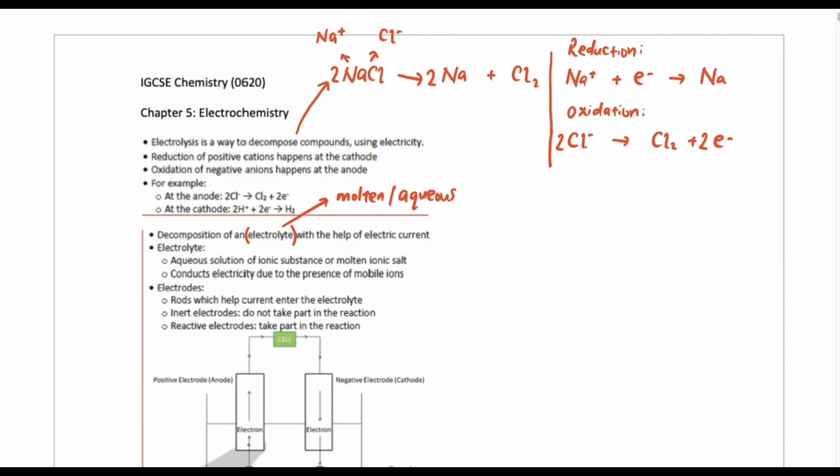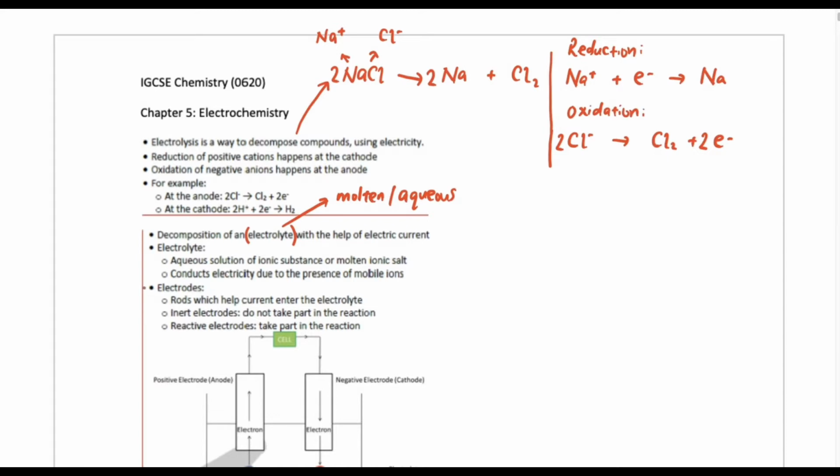That's why they can move to the different electrode. So they can conduct electricity. Electricity can just flow around the molten or the aqueous electrolytes because the ions are free to move. They are not held by the ionic bonds anymore. So they become mobile ions. The mobile ions mean the Na plus and the Cl minus. They are free to move and hence conduct electricity.